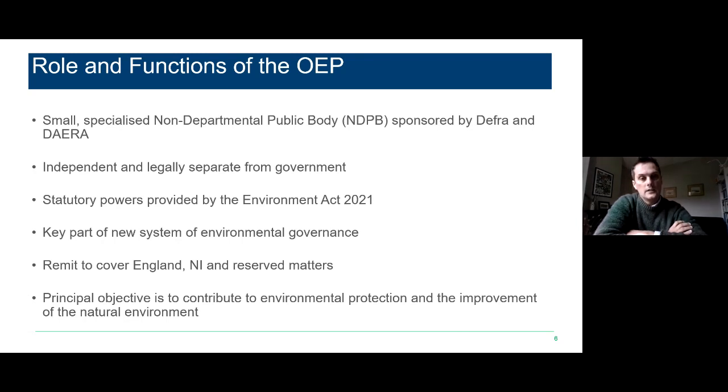And we have a function around enforcement and investigations where public authorities fail to comply with environmental law. That all adds up to a crucial part of a new environmental governance framework that has been set up following the UK's departure from the EU. And we are one of a number of cornerstones that make that environmental governance framework work.